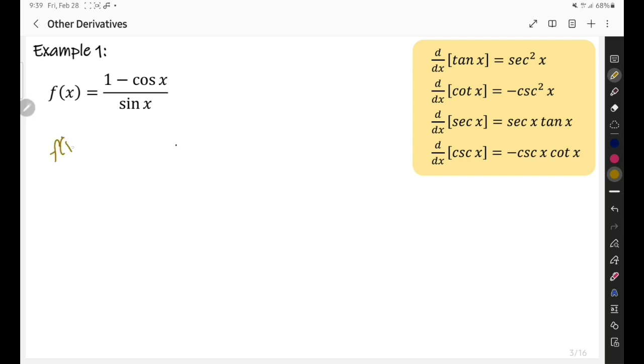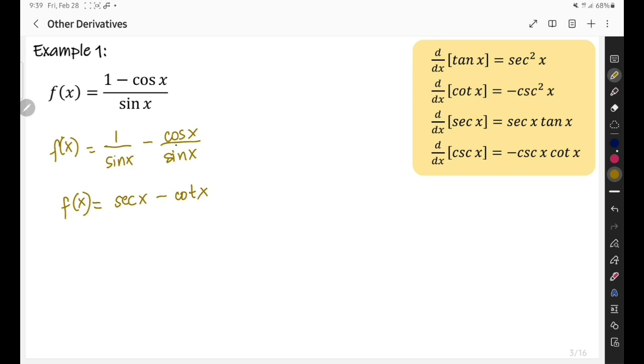So we have f of x is equal to 1 over sine x minus cos x over sine x. Now, 1 over sine x is equivalent to cosecant x, while cos x over sine x is equivalent to cotangent x. So this is just rewriting the function.